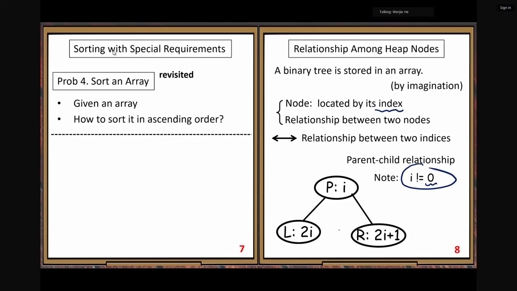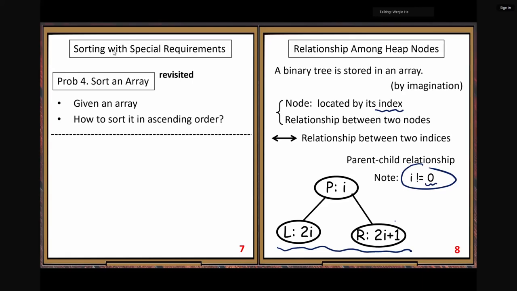Why perfect? Because if you use this way, you do not skip any node, right? Can you imagine? If we use this parent-child relationship, all the nodes are used. There is no node we skip. Because you double it, you skip many, but other nodes, you cover all the nodes.